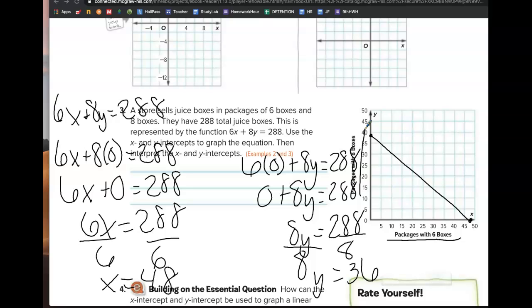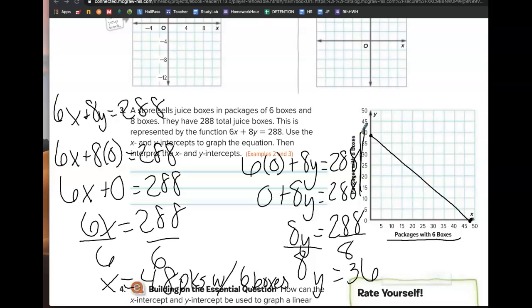So 48 packages with 6 boxes. And then I could buy 0 because my y at this point is 0. So then I could buy 0 packages with 8 boxes.